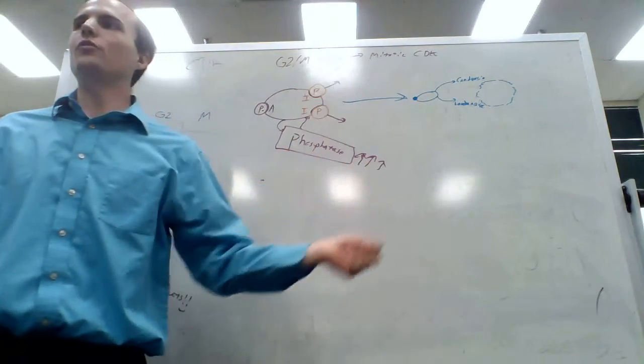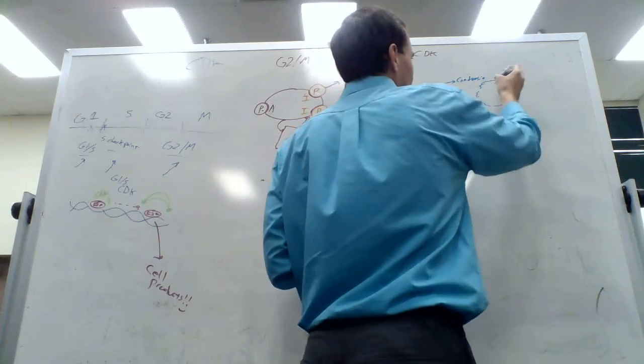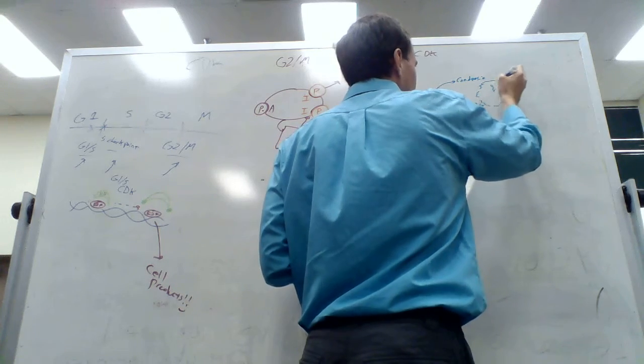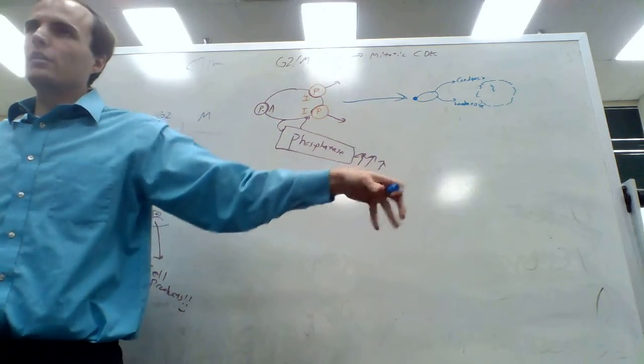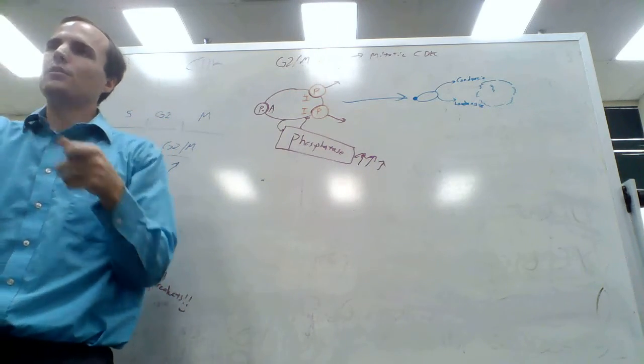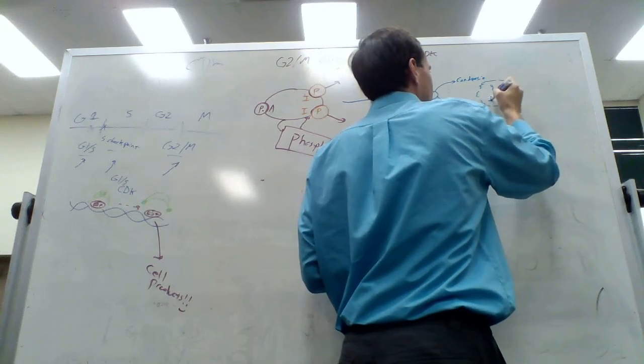So it kind of dissolves away. Condensin is going to go in and make it so that all the DNA is condensed. And so it goes from the free-floating squid-looking thing to the little X's that you typically see when we're trying to show it in a cell division state.